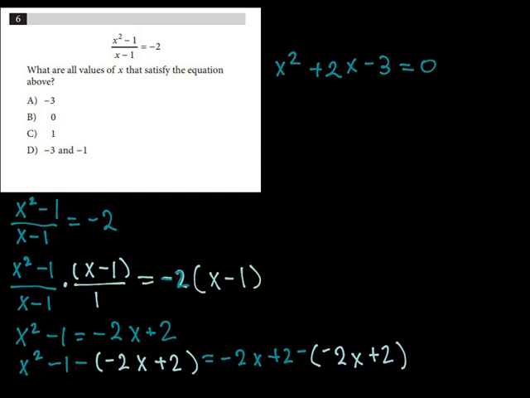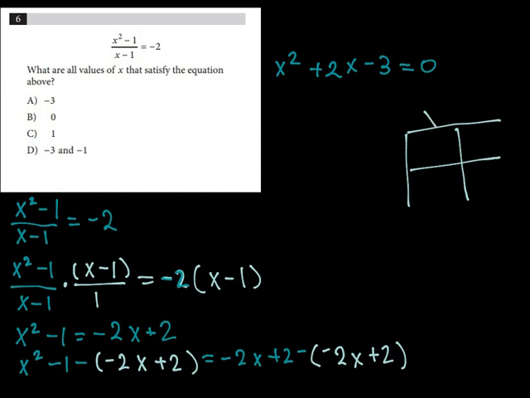So now we're going to factor x squared plus 2x minus 3, and I'm going to be using the box method for this factoring. You can use any method you like, but just to show you the steps to factoring in the box method, I will be using this method this time.